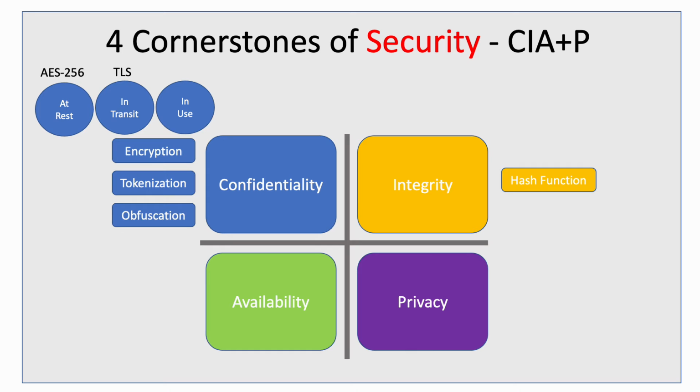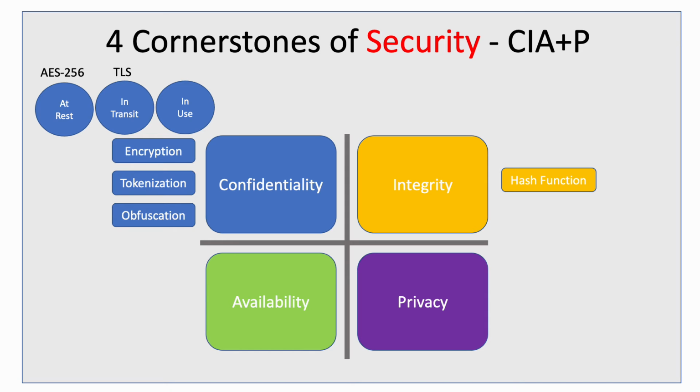Then user A will send the original message along with the hash value, which is the output of the hash function, to user B. When user B receives the message and the hash value, they will also take the original message and put it through the hash function, and generate a hash value of that original message.